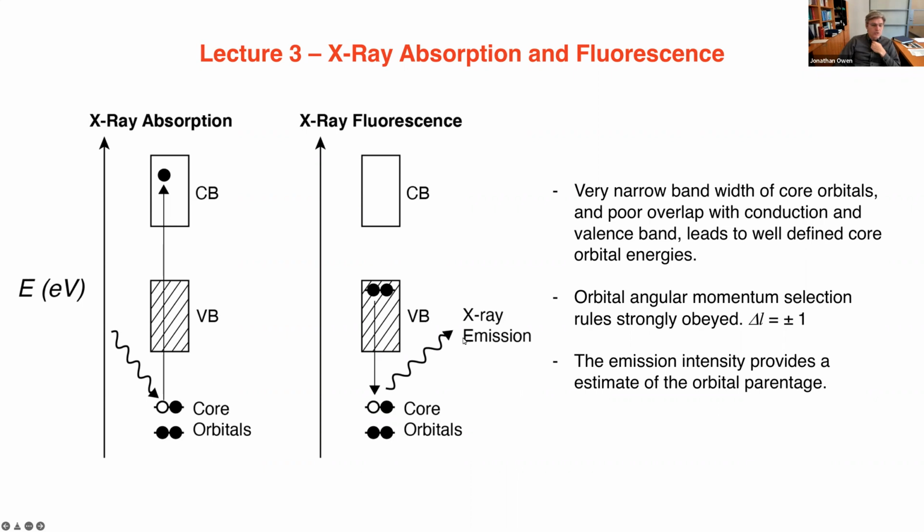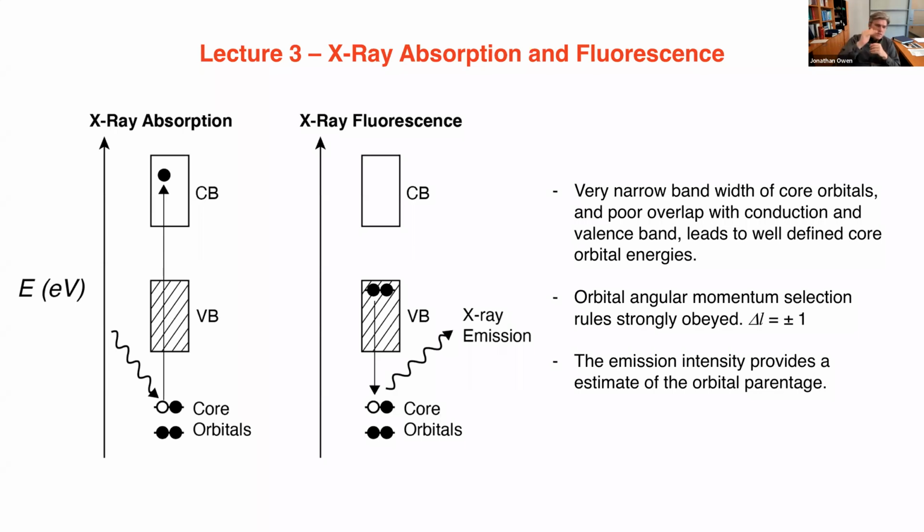And so you can use the X-ray emission that comes out of that as another way to analyze a sample. So as we said, the core orbital energy levels are really well defined in solids and in molecules because they don't make bonds.